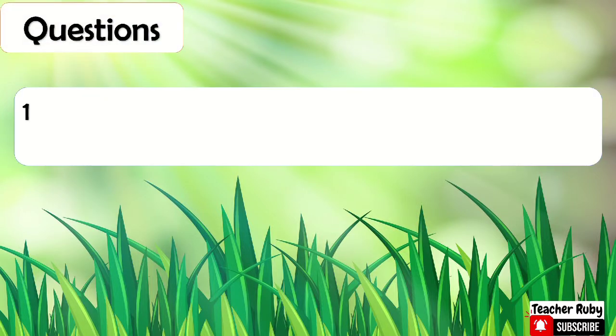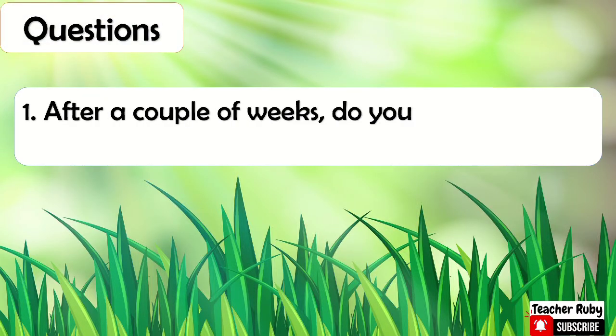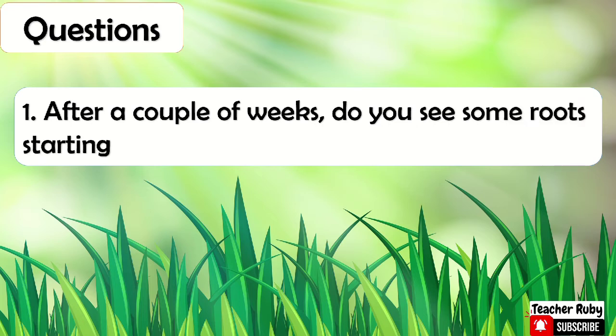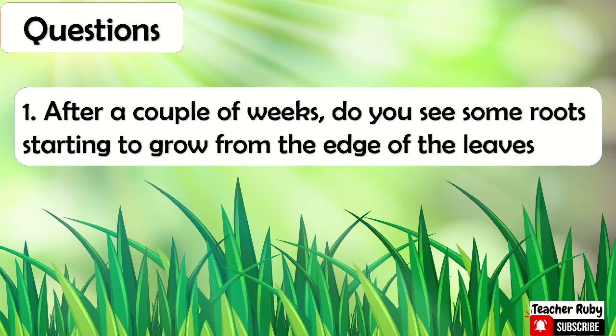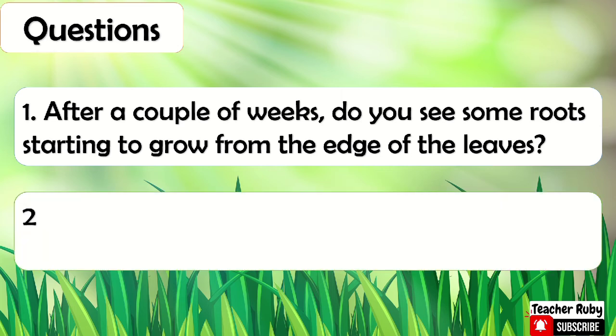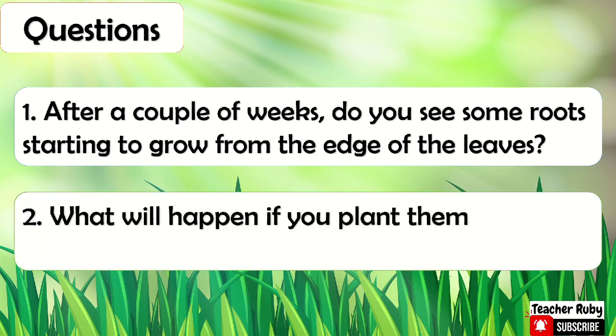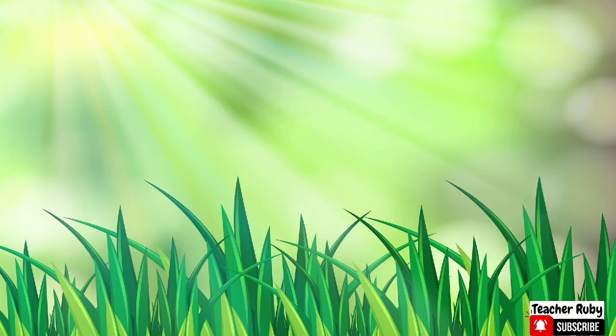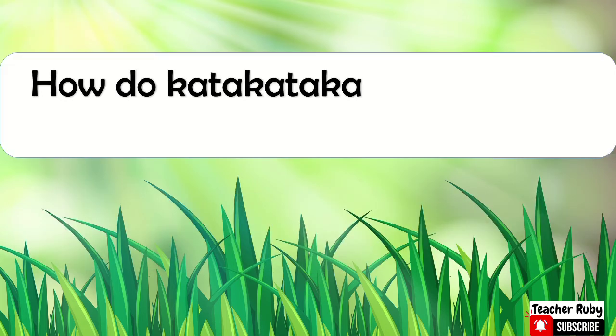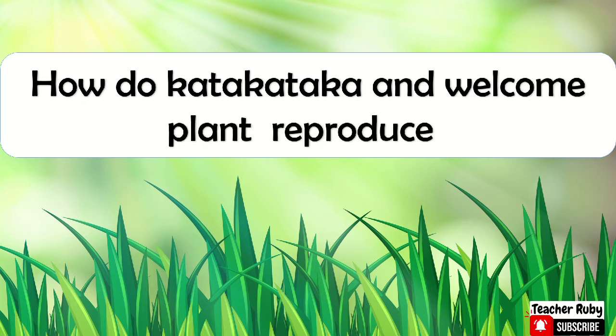Based on the video, after a couple of weeks, do you see some roots starting to grow from the edge of the leaf? What will happen if you plant them in your garden? And how do katakataka and welcome plant reproduce?